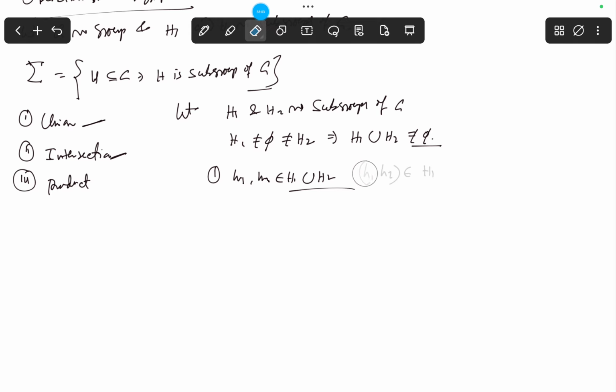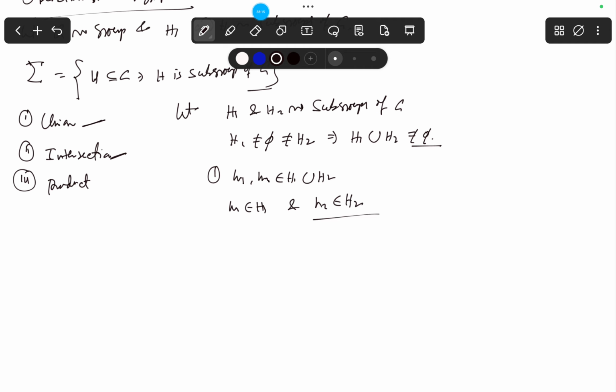So if we have H1 union H2, it takes two elements, let's say h1 and h2, then h1 belongs to capital H1 and h2 belongs to capital H2. Now if we do h1 times h2, this of course must belong to G, but who can guarantee me that this is in either H1 or in H2? Because we have chosen two different elements from different subgroups. If they are not related in any way, then we cannot say that this will be in H1 or in H2. Okay?